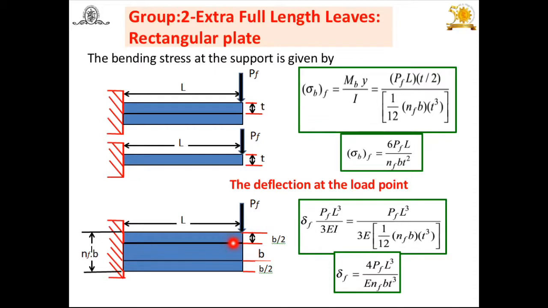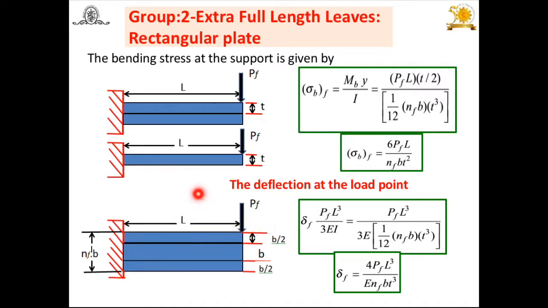The deflection is calculated considering it as a rectangular plate at the load point, and for a rectangular plate the deflection is delta F equal to PL cube by 3EI. You already studied this in strength of machine elements. Therefore P_F into L cube upon 3E into I, where you substitute 1 by 12 into n_F into b into t cube. Substitute and you will get the deflection.